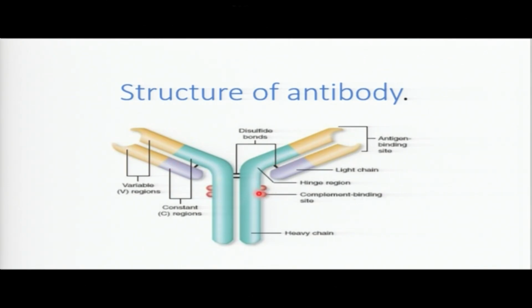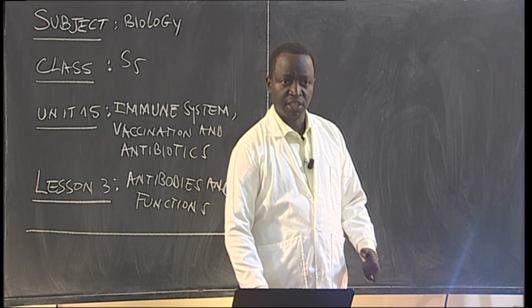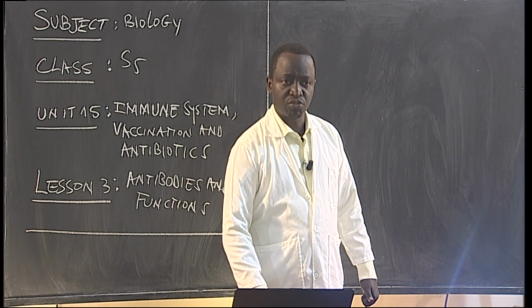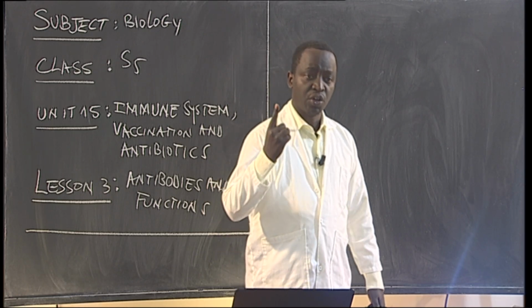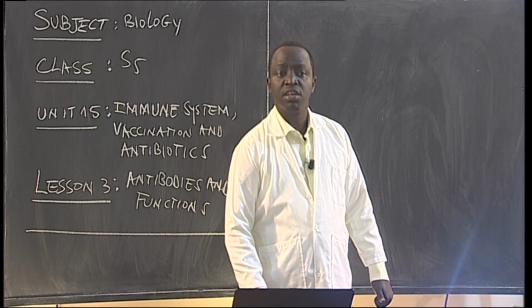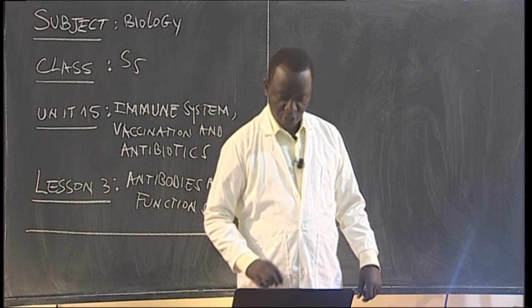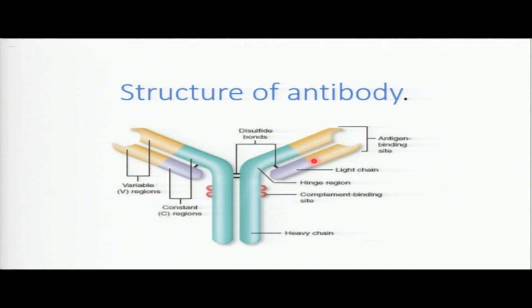Two are heavy chains, and another 2 are light chains. So those are 2 heavy chains, and we also have those 2 other, this one and this one, which are light chains.